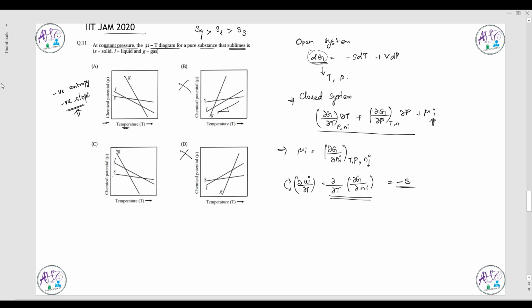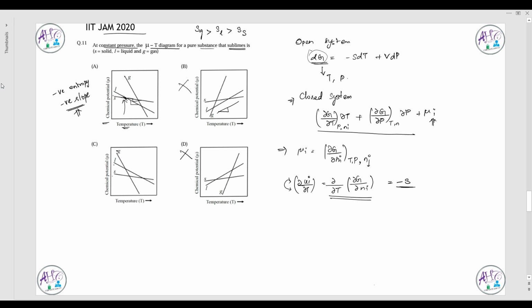In option A, you can see the values are crossing. The slope is actually equal to your entropy.